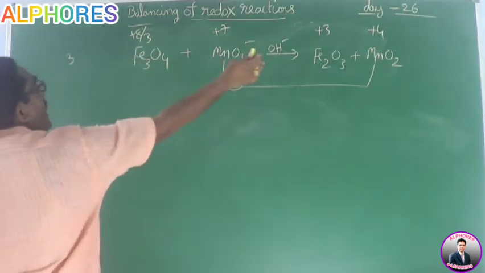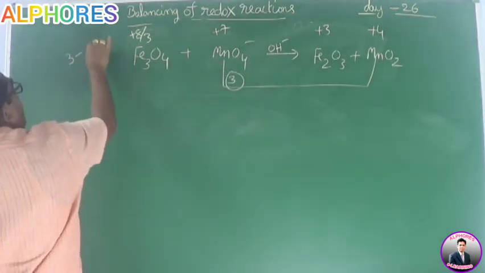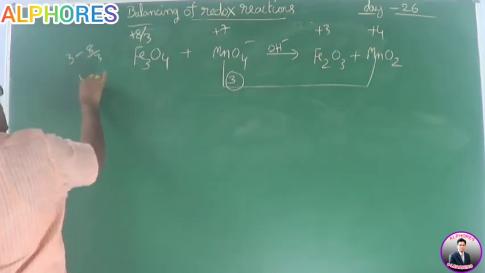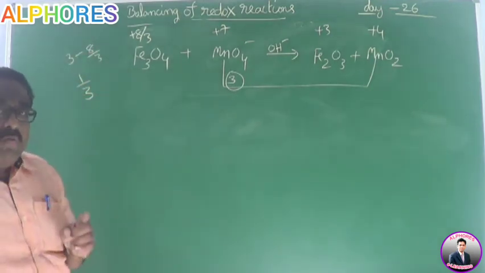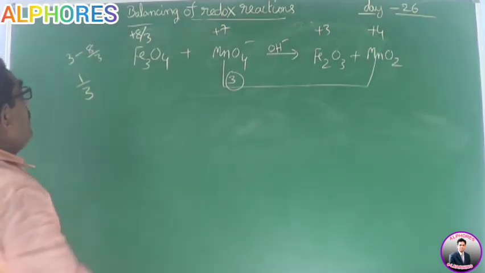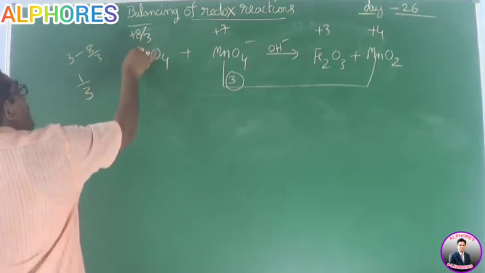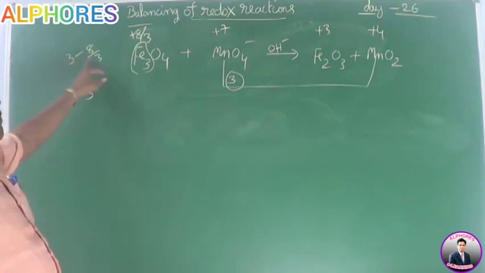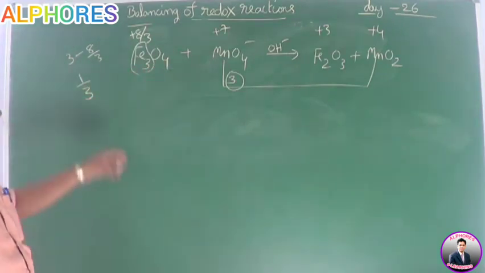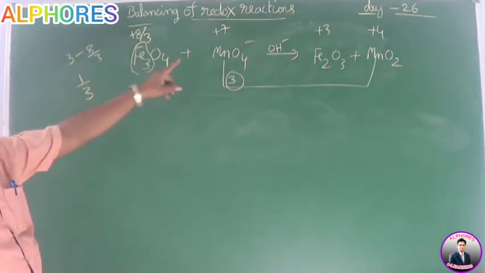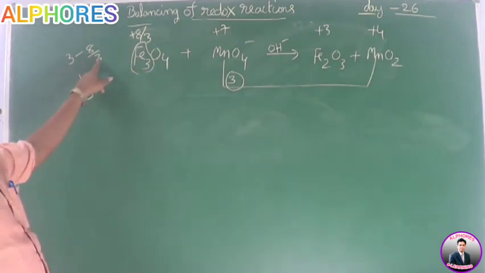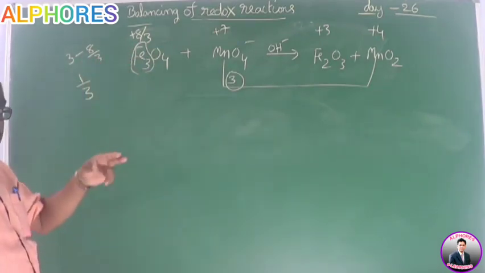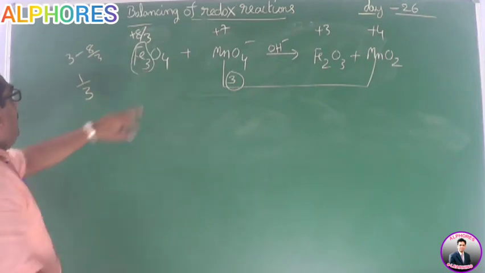For one iron atom, it is plus 3 minus 8 by 3 initially, that is 1 by 3. How many such irons are there in the given species? 3 irons are there. For one iron, 3 minus 8 by 3, that is 1 by 3. How many such iron atoms are there in the reacting species? 3.